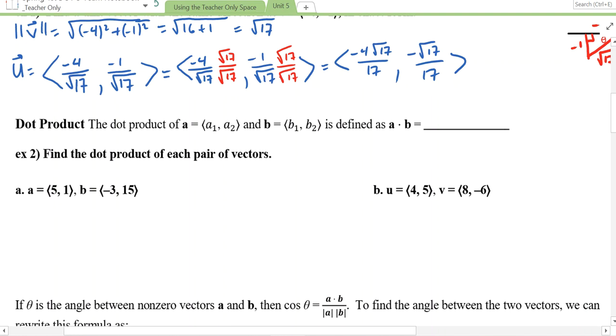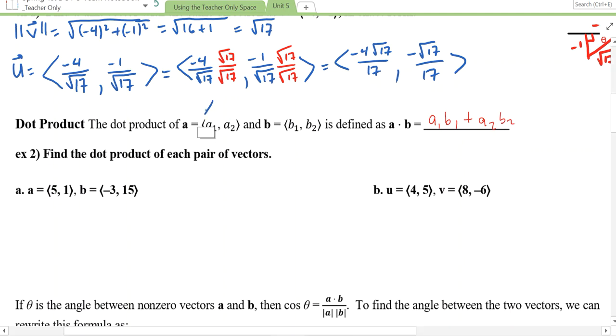They gave us the x for A is A1 and the y for A is A2. So the dot product is A1 times B1 plus A2 times B2. I personally prefer x's and y's.